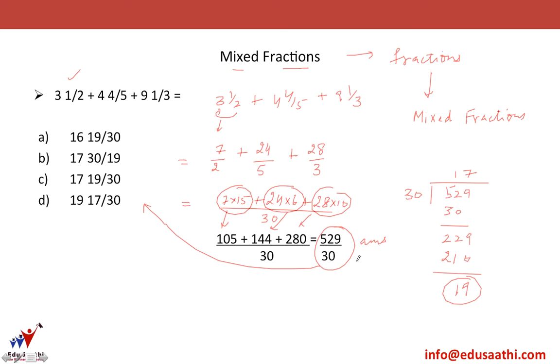So what is the mixed fraction here? I'll write this quotient as 17, the remainder on top here, 19, divided by the divisor, which is 30. So the correct answer is 17 19 by 30, which is the C part here. This is a very easy concept which we all have studied in the lower classes.